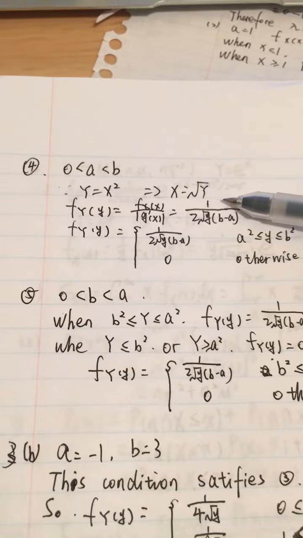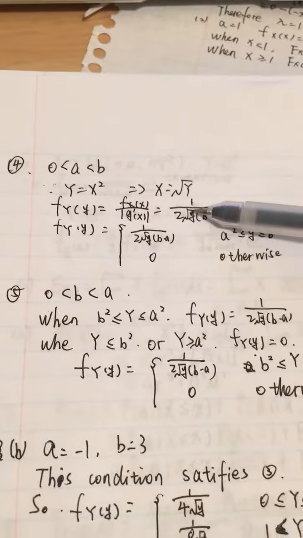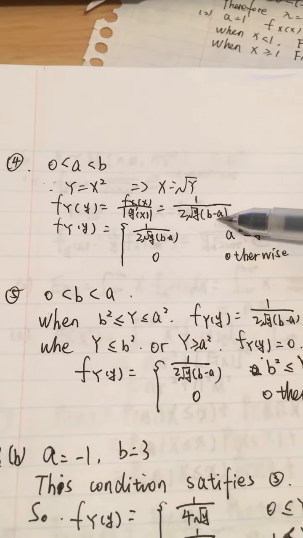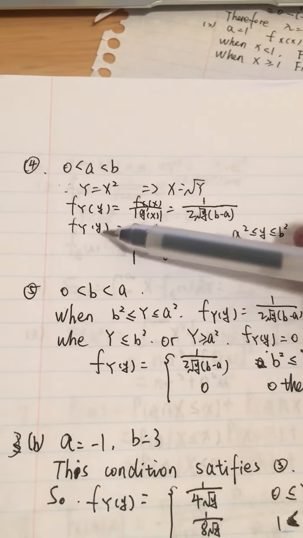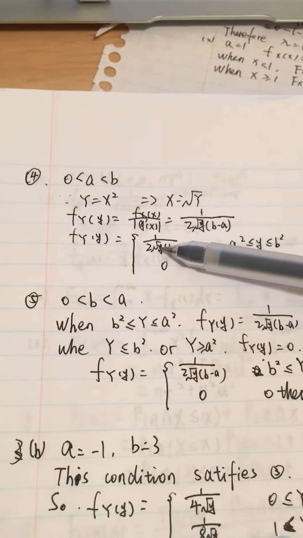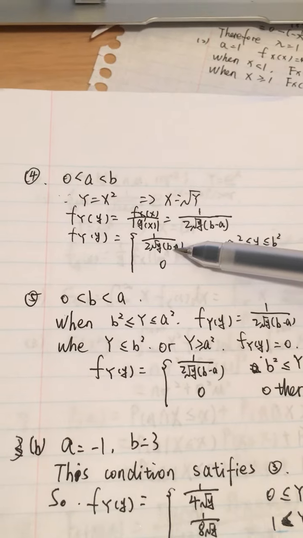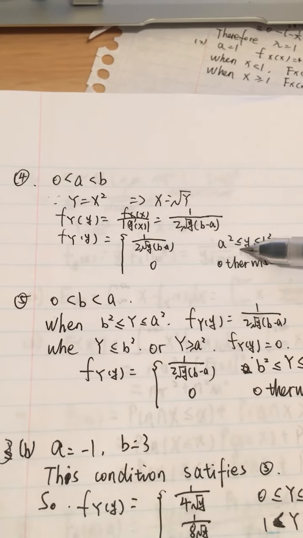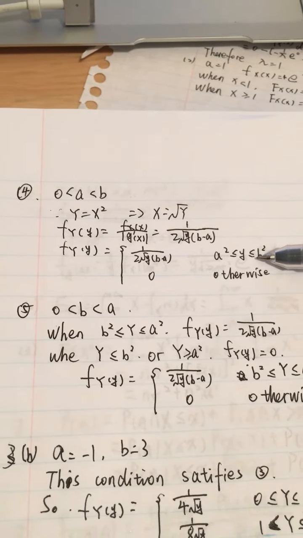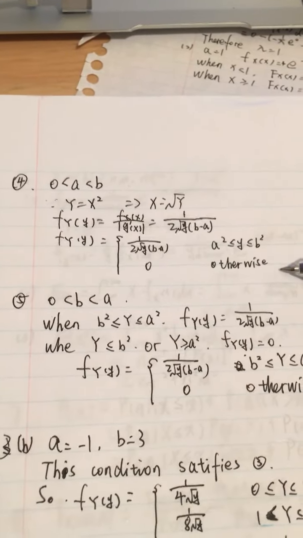It equals 1 over 2 multiply y to the power of 1 over 2 multiply b minus a, and the final answer is fy of y equals 1 over 2 multiply y to the power of 1 over 2 multiply b minus a when y is greater or equals to a squared and is less or equals to b squared, and fy of y equals 0 otherwise.